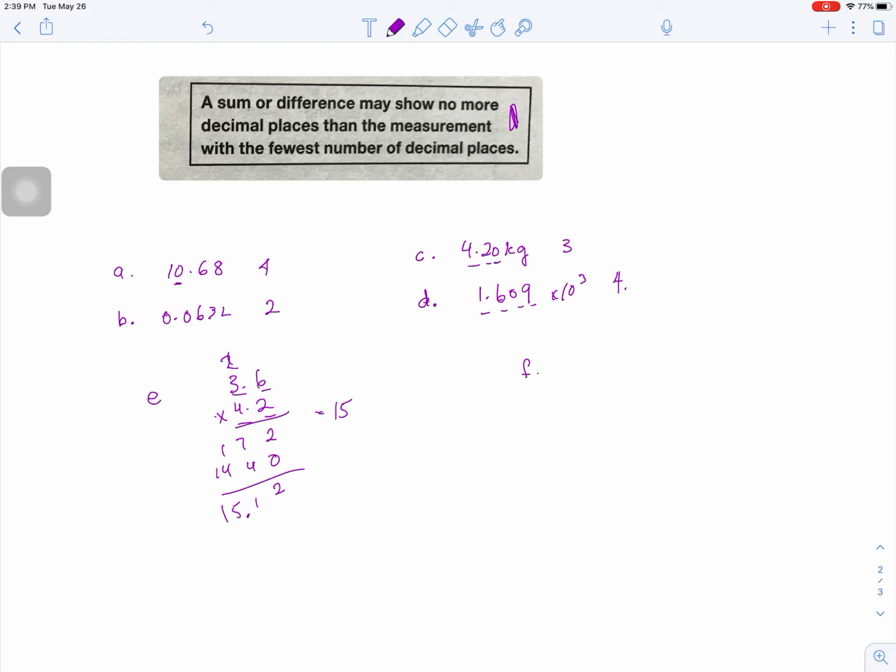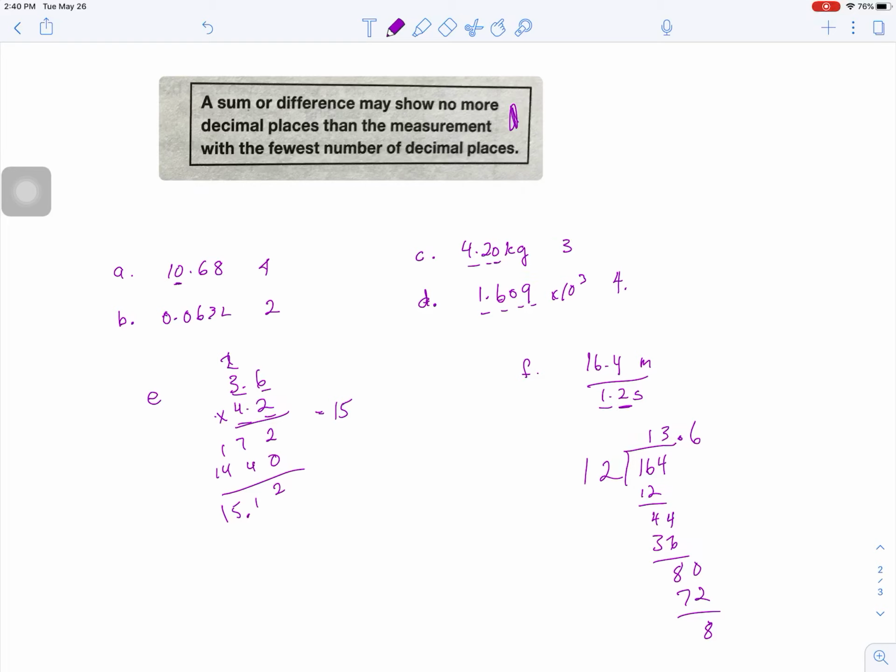F. We have 16.4 meters over 1.2 seconds. So when we divide, you can see it's going to keep going on and on.